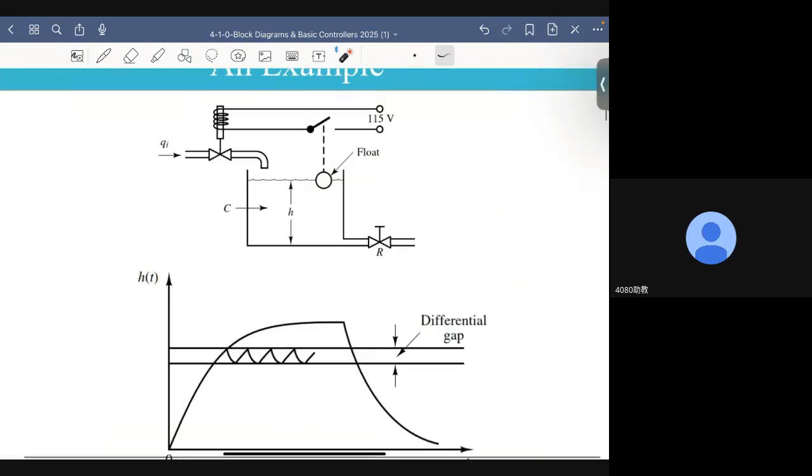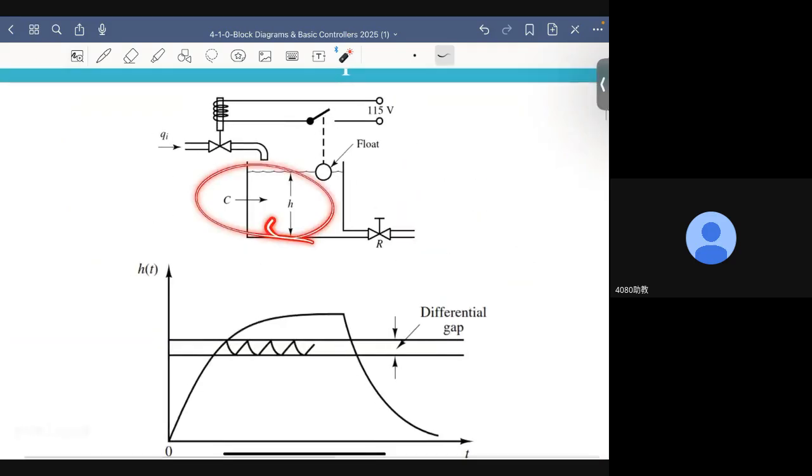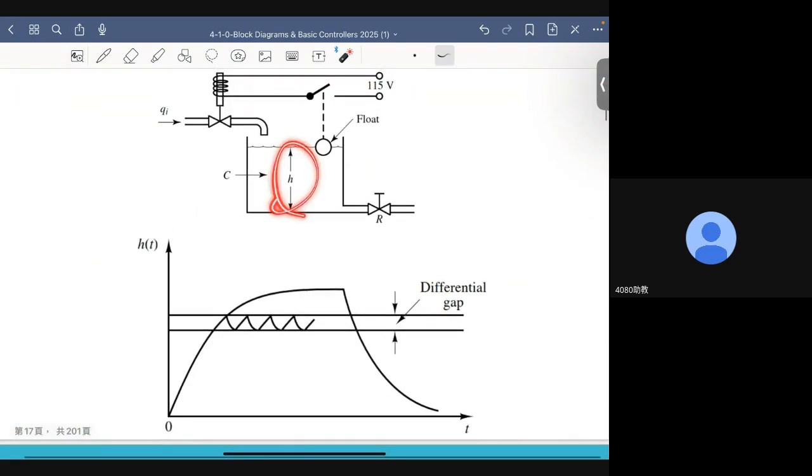Now, the purpose is that the water inside the tank should be sufficient, okay? But we cannot permit overflow. Of course, underflow is also not desirable. Let's say we have already set up a desired height of the water level, okay? Let's say it is H.